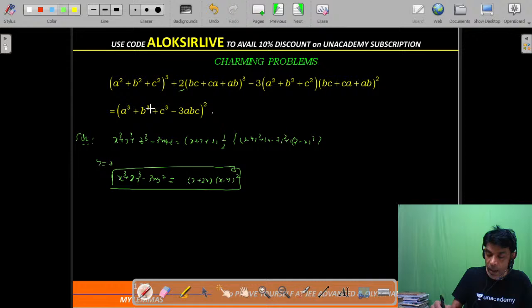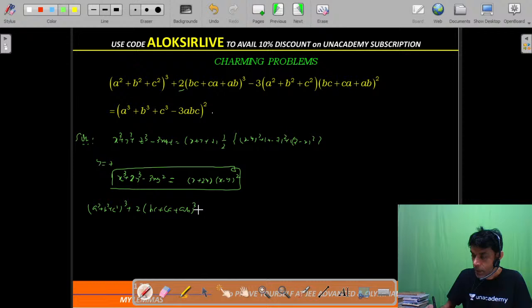So x cubed plus, so I'll get (a squared plus b squared plus c squared) cubed plus 2 times (bc plus ca plus ab) cubed minus 3 times (a squared plus b squared plus c squared) and times (bc plus ca plus ab) squared.